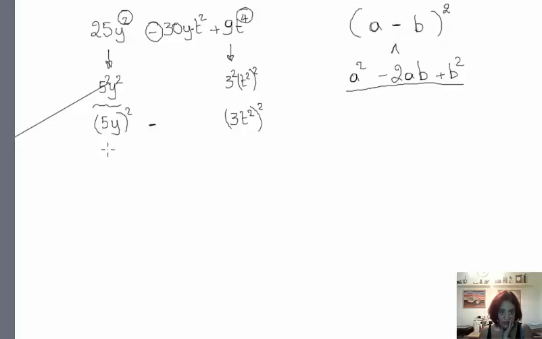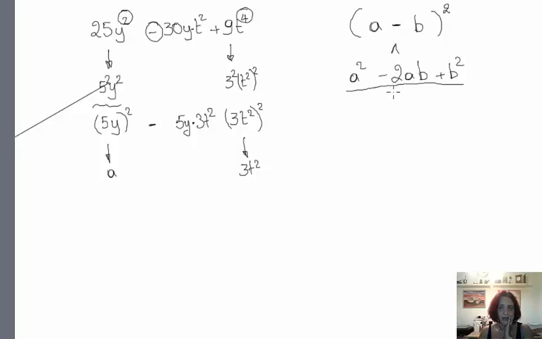So if we are able to use the difference of squares, then the A is going to be the 5y and the B is going to be the 3t squared. Okay, so this means that the middle term is going to contain 5y times 3t squared. We are focusing on the numbers first. We have 3 times 5 and we have 15.